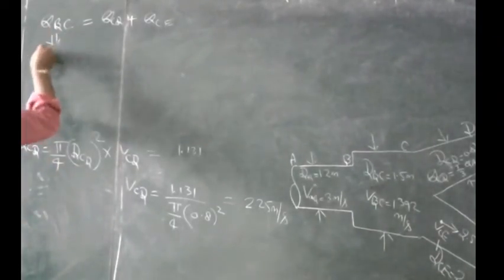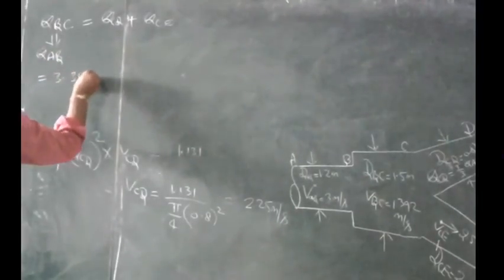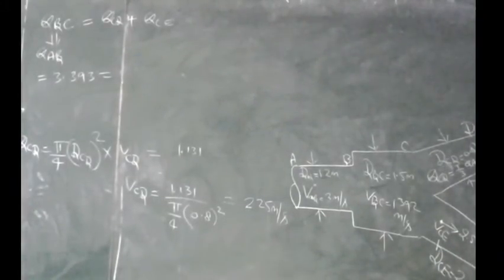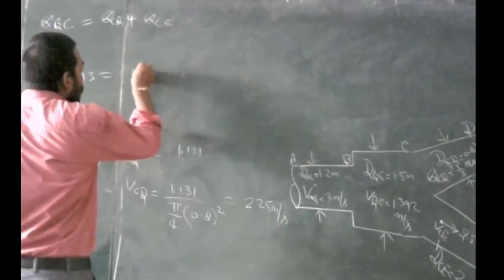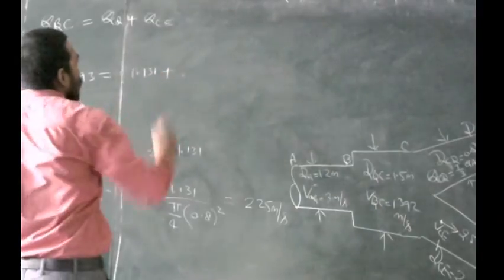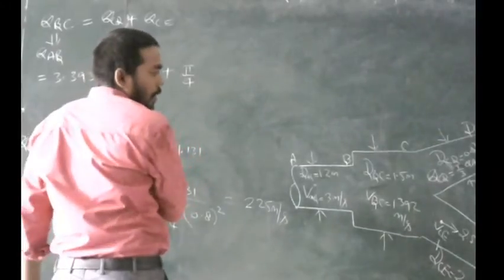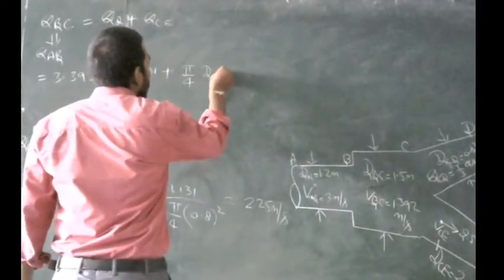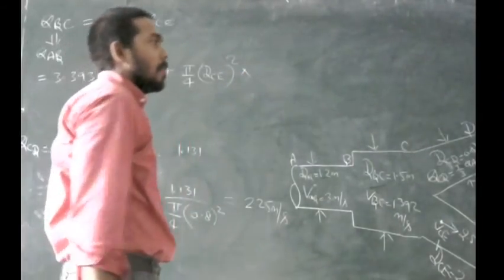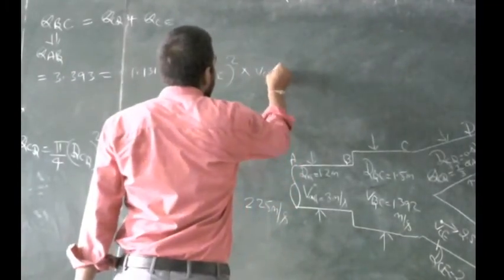That is equal to 3.393 equal to QCD, we know that 1.131 plus QCE, which is pi by 4 DCE square into 5 square into velocity of CE.